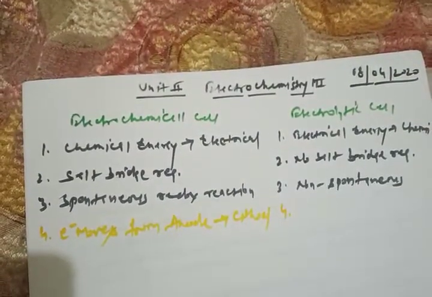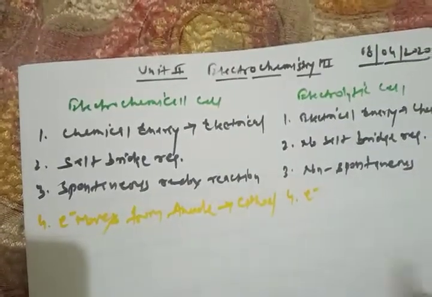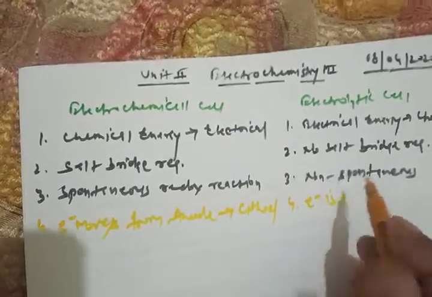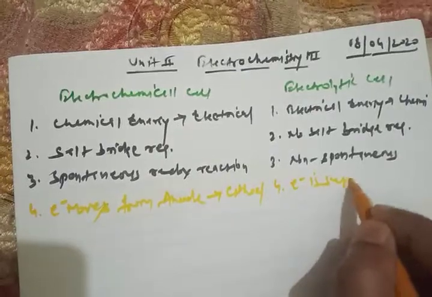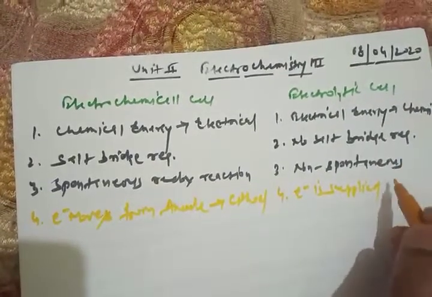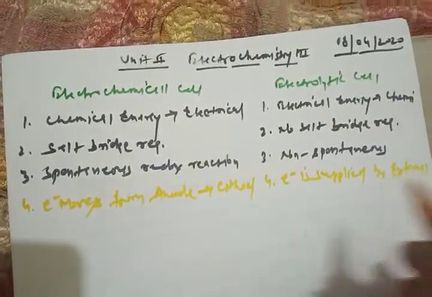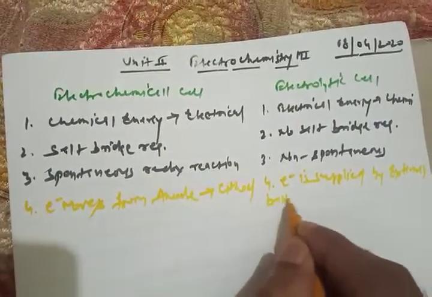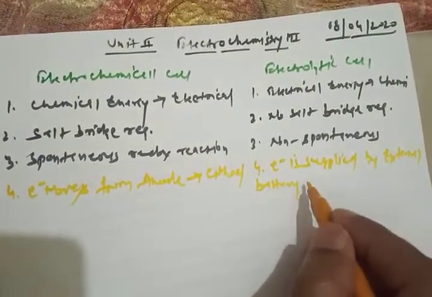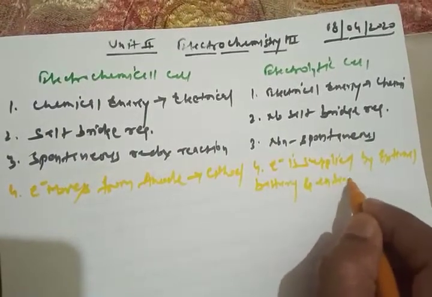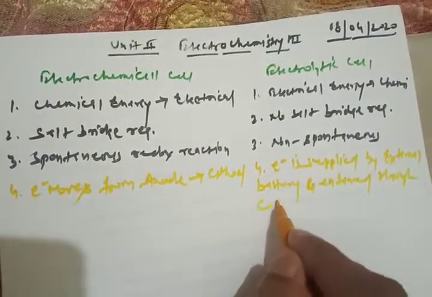the electron is supplied by an external battery. Electron, that means the electricity is supplied, as we know that electrical energy is converted into chemical energy. So electron is supplied by the external battery and entered through cathode.